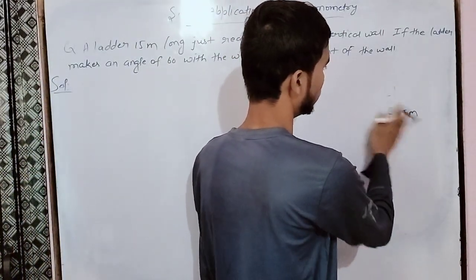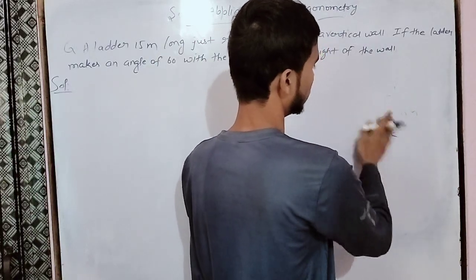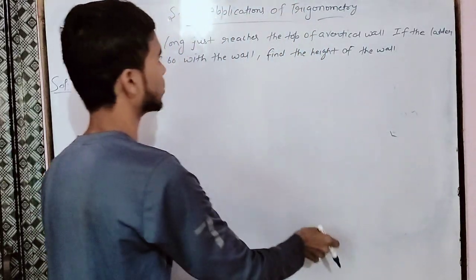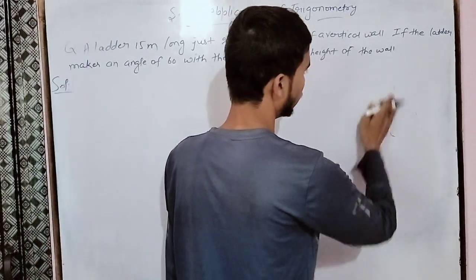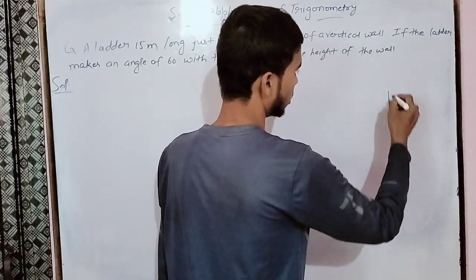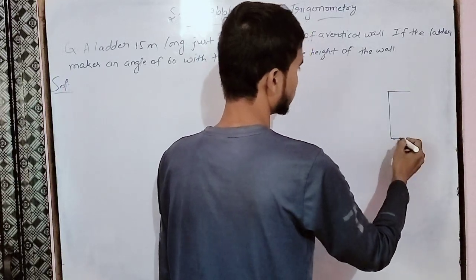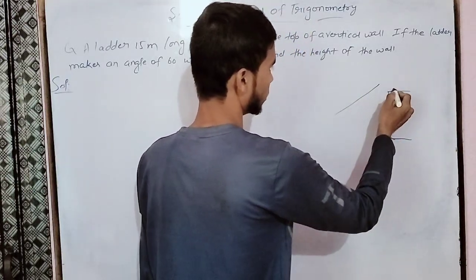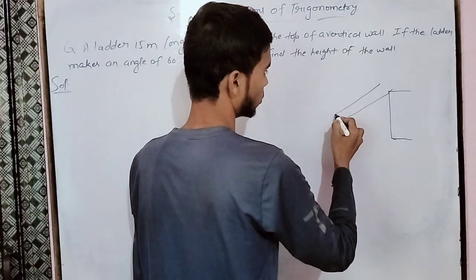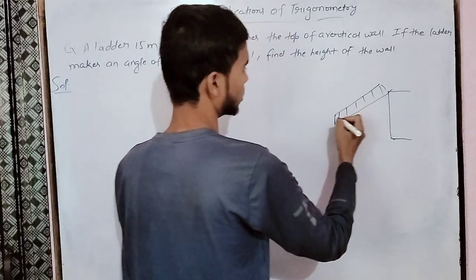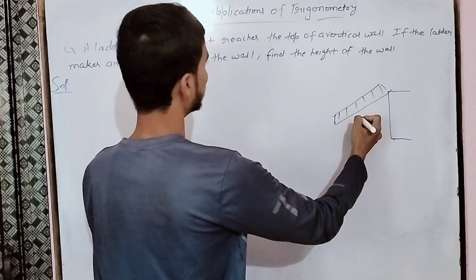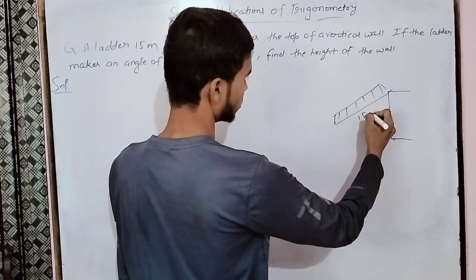So you have a ladder which touches the top of the vertical wall. You have a wall which is vertical, and you have a ladder, and the measure of this is 15 meters.